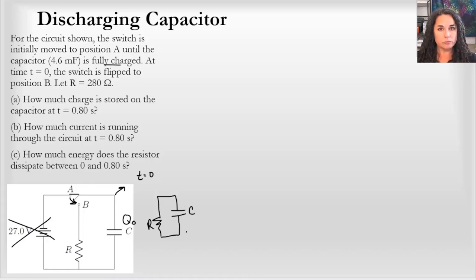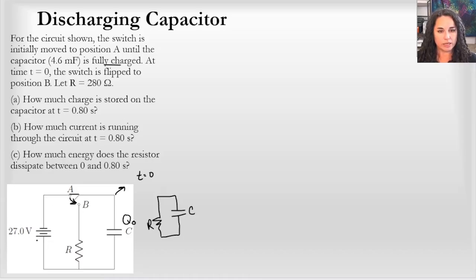Let me ask you, you can think in your head real quick. Which direction is the current flowing in this circuit? Is it flowing clockwise or is it flowing counterclockwise? I'll give you a second to think about it. You'll want to think about which plate is the positive plate of the capacitor. And to think about that, we'd have to think about what was the positive plate with the battery?